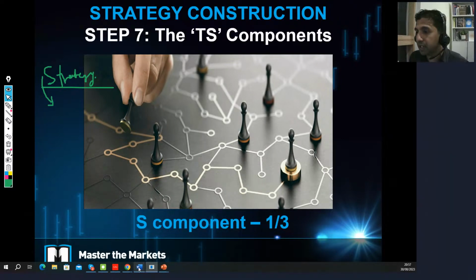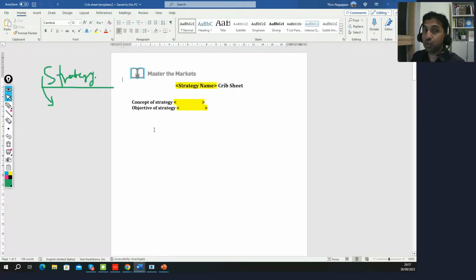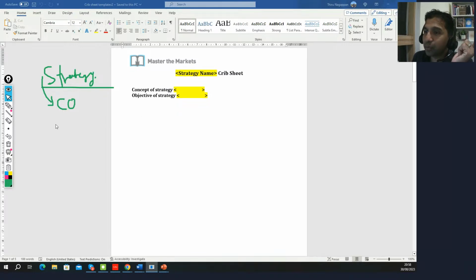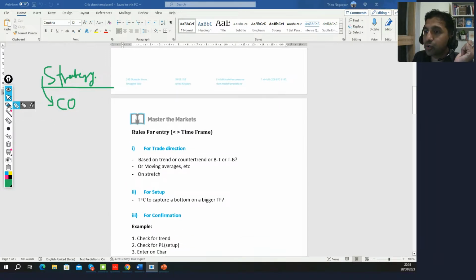And the 5 components, if I were to bring this up over here on the script sheet template, which I showed you guys as well: first was the concept and objective component, the concept and the objective of the strategy. The second component, as some of you already guessed and are typing in and messaging us, is the entry rules, the entry component.